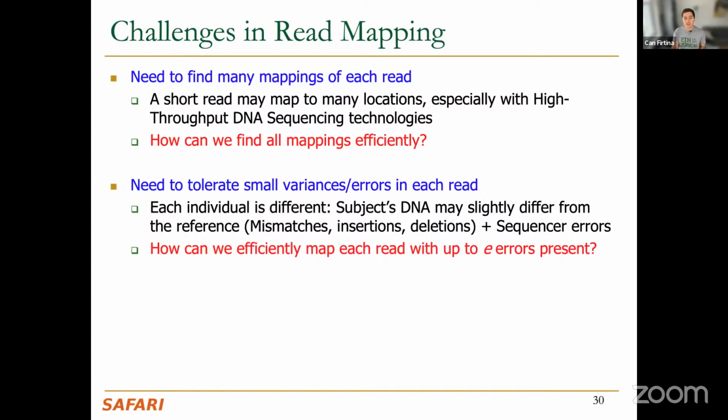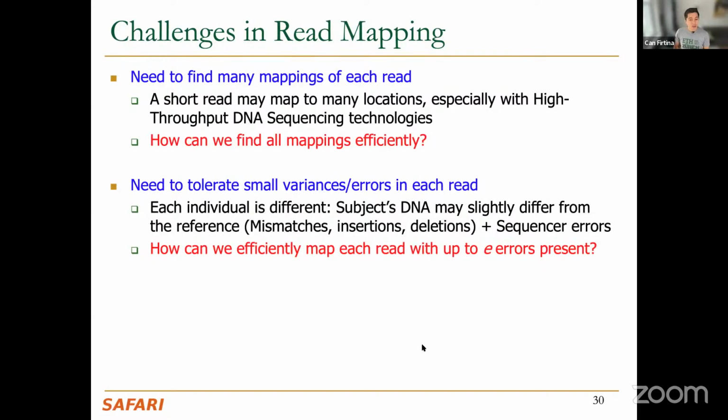There can be differences between a read and the reference genome. So this means that we don't really want to rely on exact matches between the reference genome and the read.